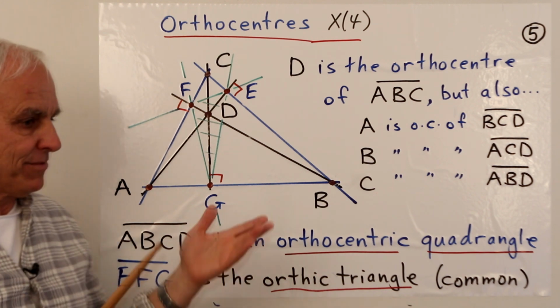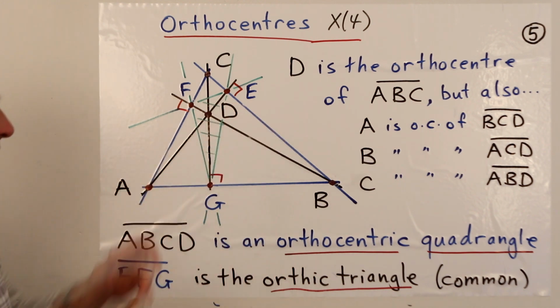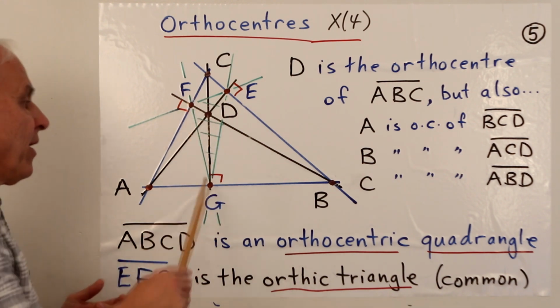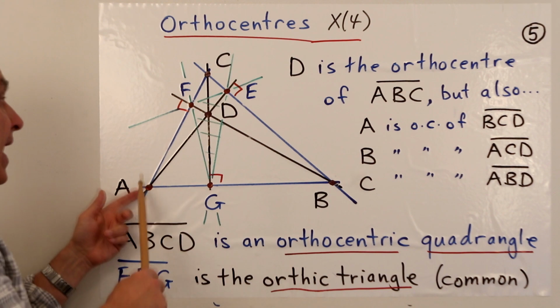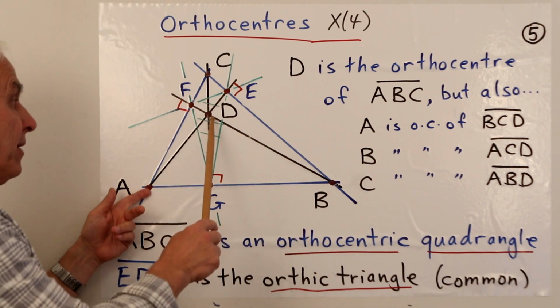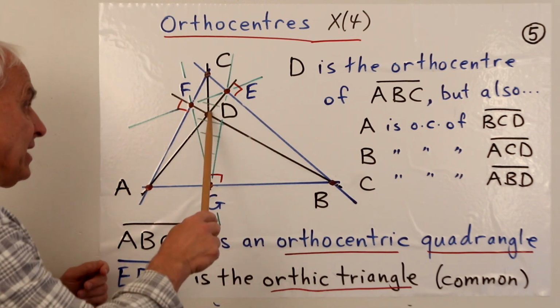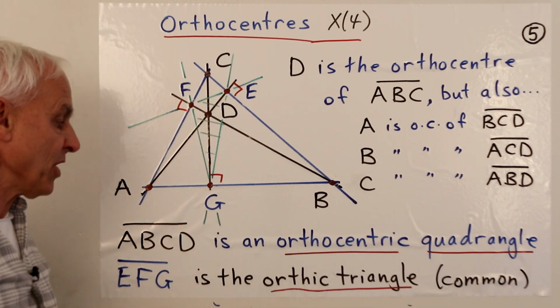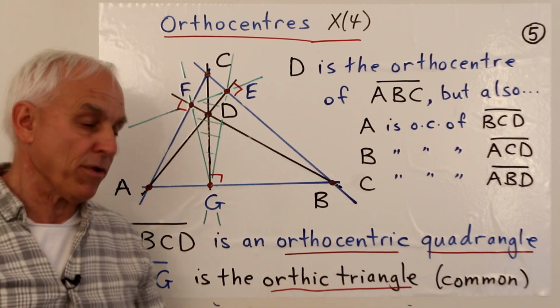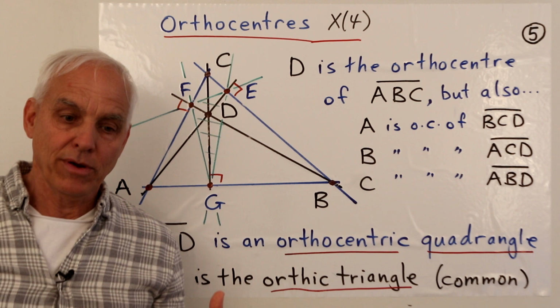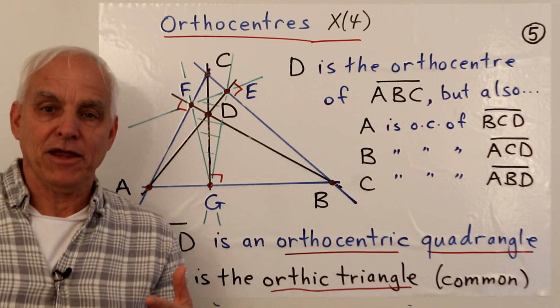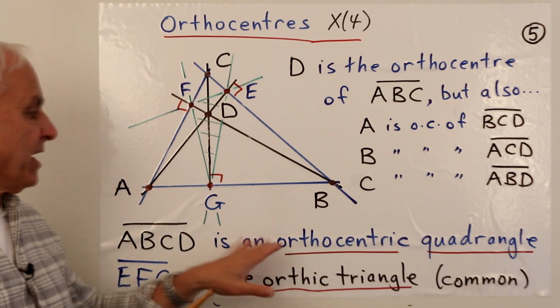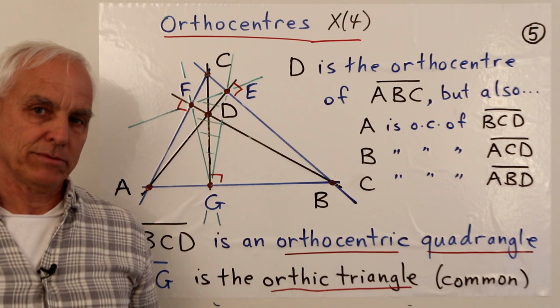But it's easy to see, just from the kind of thing I've been saying, that it's also the orthic triangle of ABD, or of BCD, or of ACD. So this is a kind of common orthic triangle to all of the triangles formed in this orthocentric quadrangle.